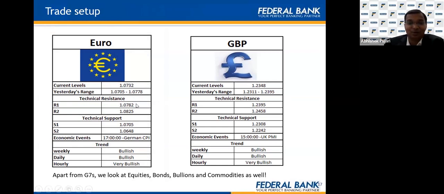Then, looking at technicals, we put out resistance 1 and resistance 2, and similarly support 1 and support 2. If any economic data is going to come that day, we put that as well. We look at the trend in weekly, daily and hourly patterns, and then we initiate our position for that day. This helps us in our trade, and more often than not, we are successful in getting our trades right.